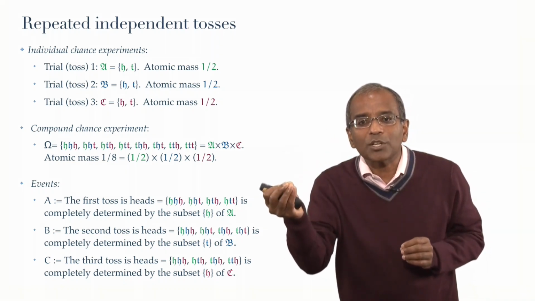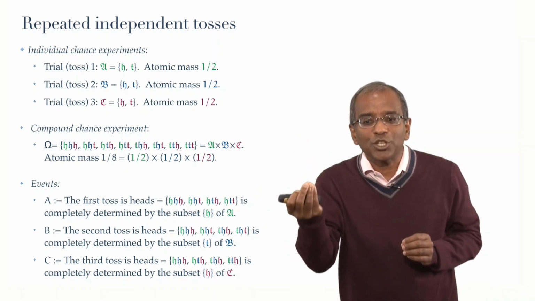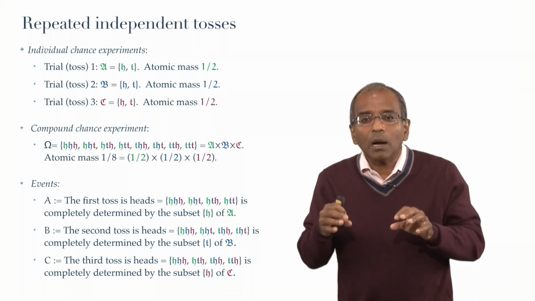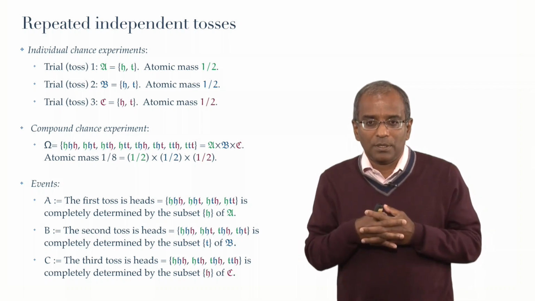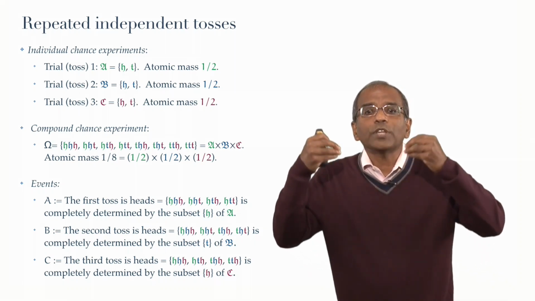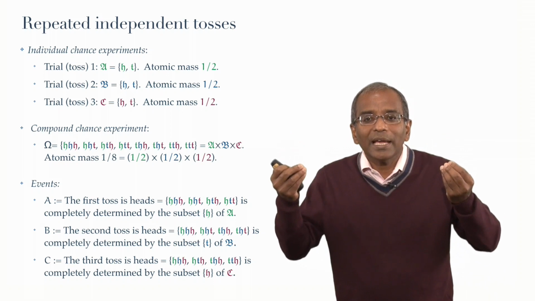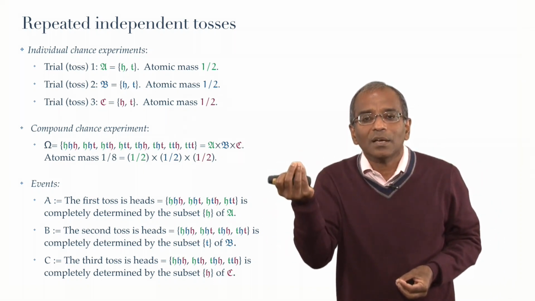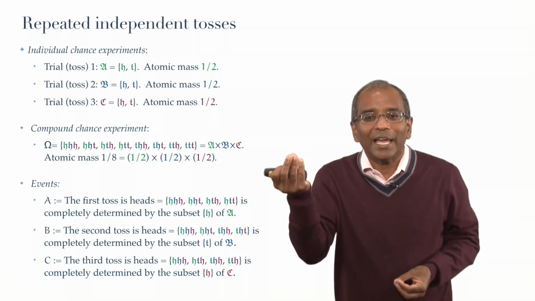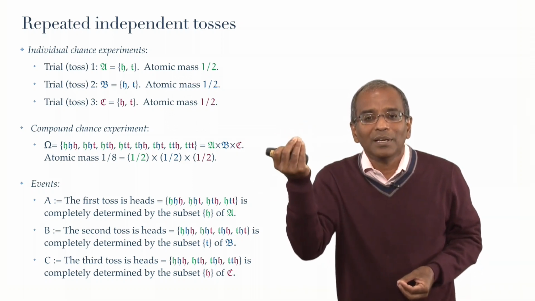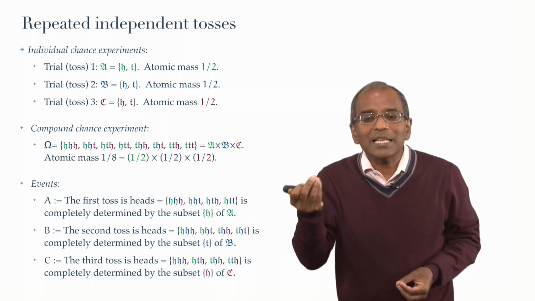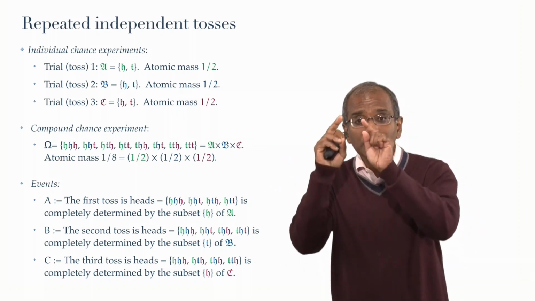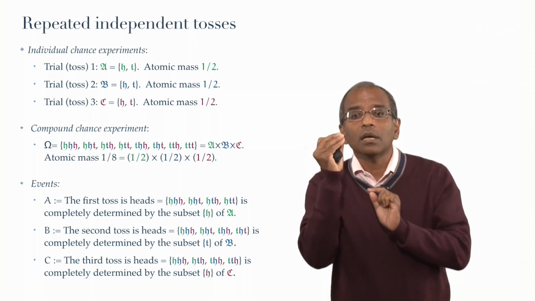But the first element in the triple has to be a green H. This means that the latter 2 elements are completely irrelevant to the specification of the event A. A is completely determined by one specific subset of the alphabet Gothic A of results for the first trial. The event A is completely specified by, in fact, a very simple subset, a subset consisting of a single element, green H.